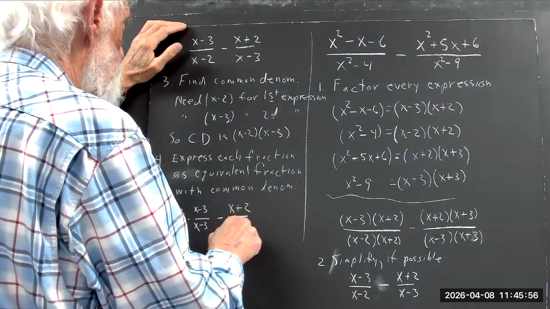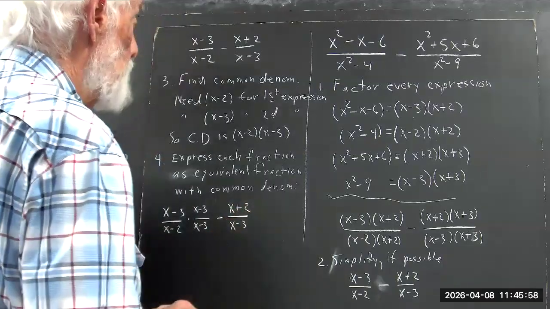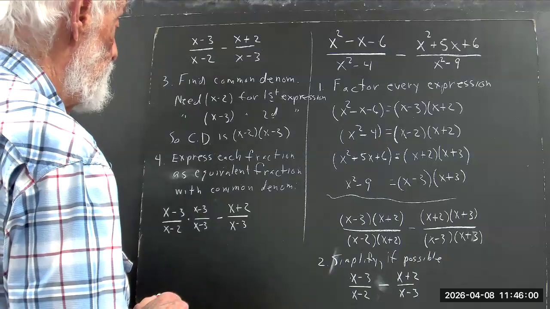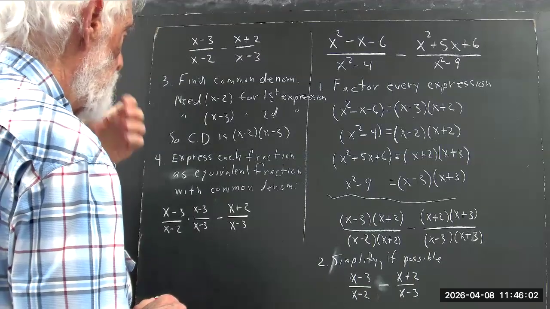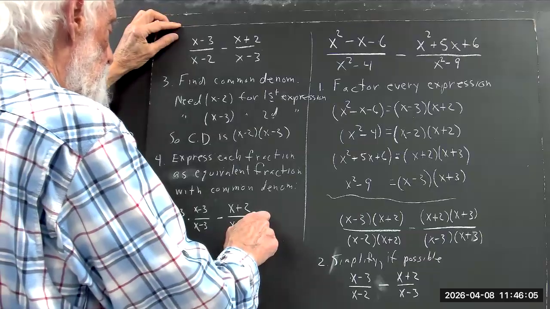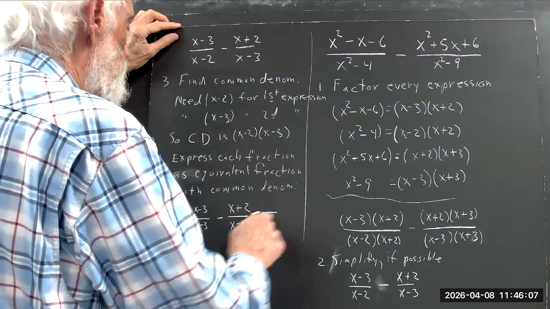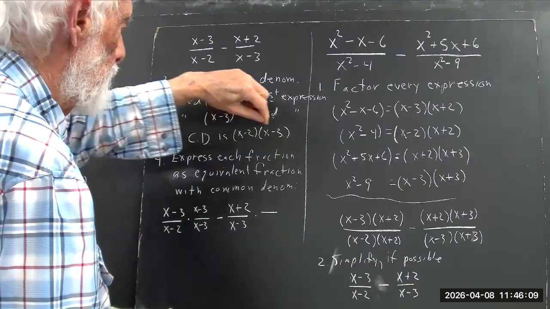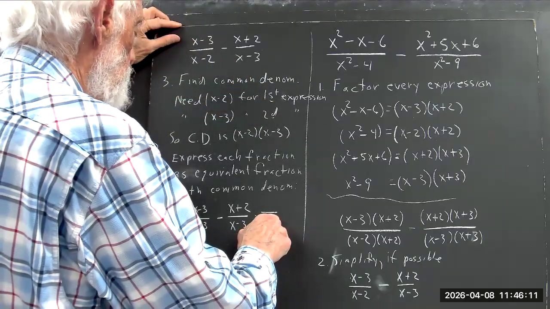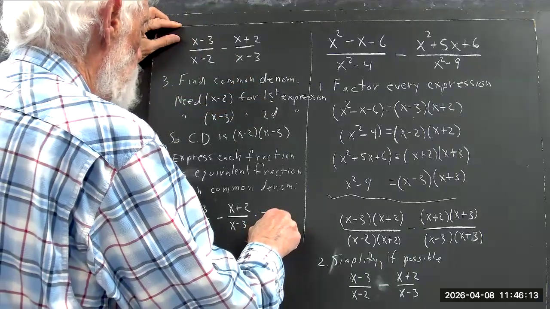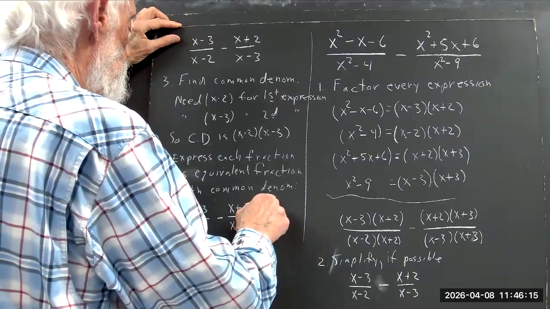Second fraction, x plus 2 over x minus 3. And what we have to then do, in order to get denominator x minus 2 times x minus 3, is multiply that by a fraction with denominator x minus 2.